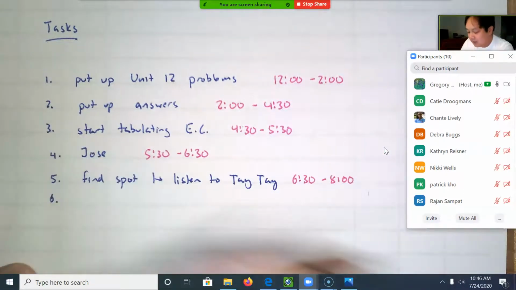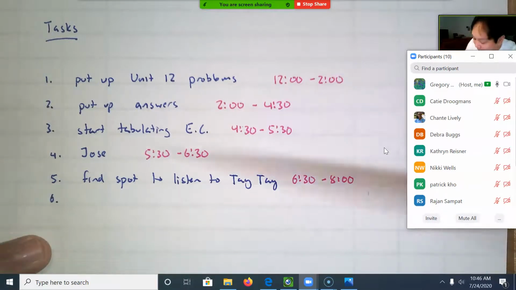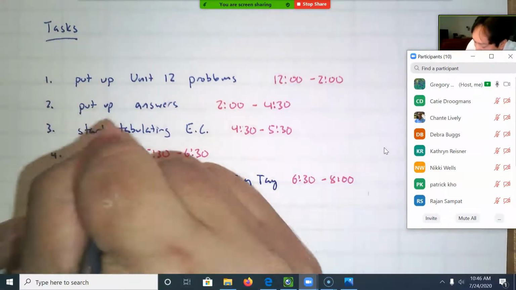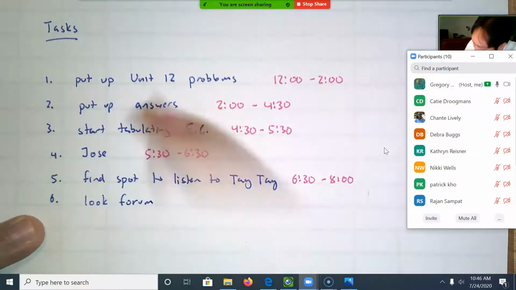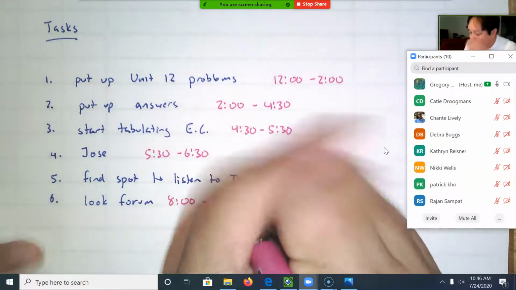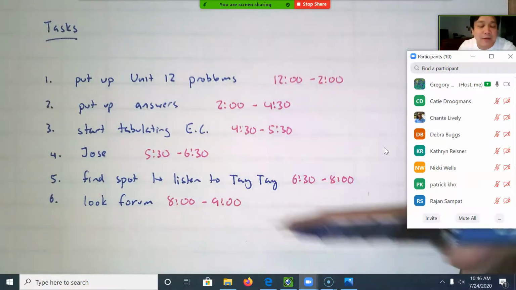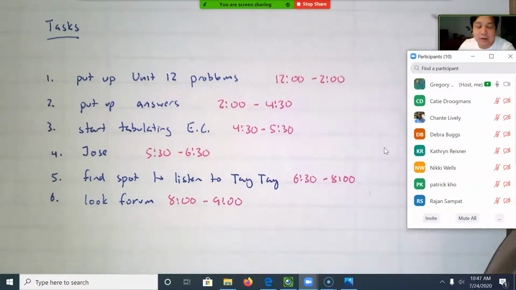Number six. What else do I need to do for you guys? I will start looking at the forum, see if there's any questions that I can answer, 8 to 9 tonight. All the while I'm checking my email to see if anyone wants to meet this weekend. Those are my tasks.